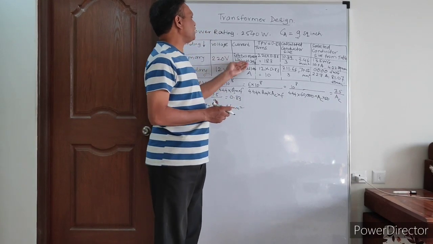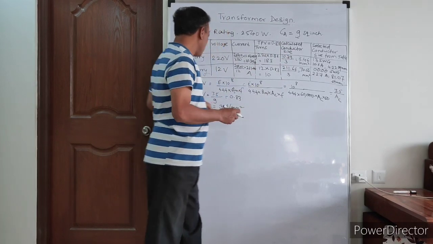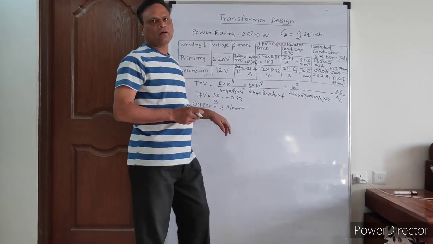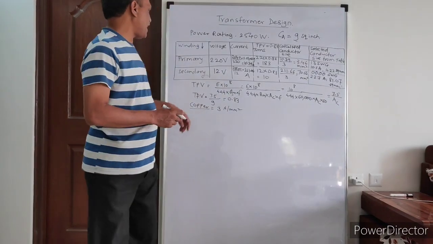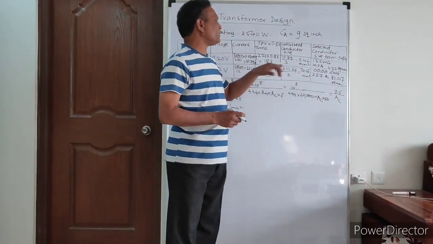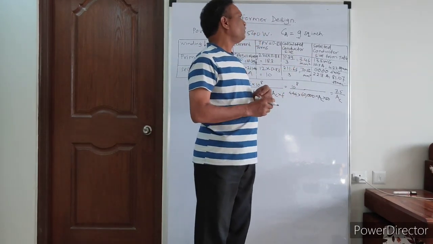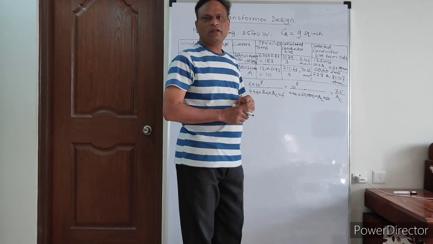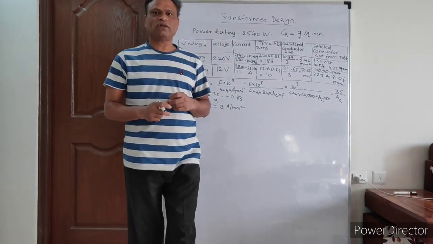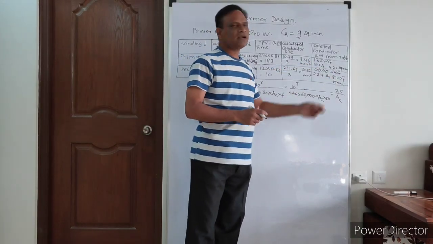Our primary current was 10.39. We have taken the conductor current carrying density as 3 ampere per millimeter square. So accordingly we have calculated the area of the conductors, and later on in the next phase we have gone through the table whose link is given in the description box, and we have selected the conductor sizes.